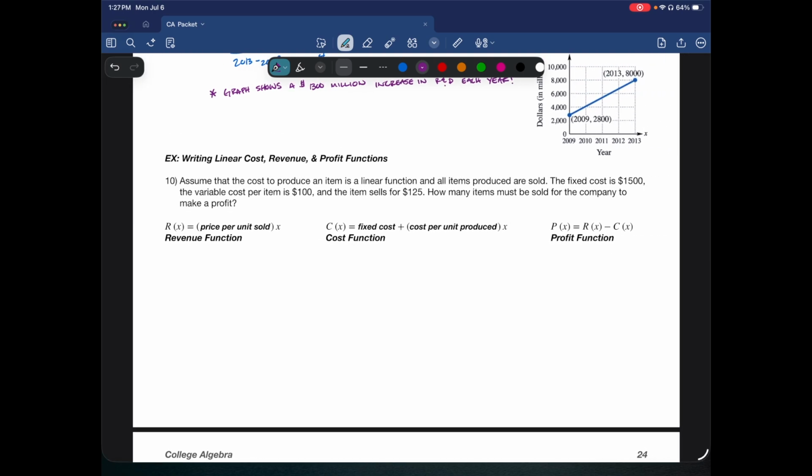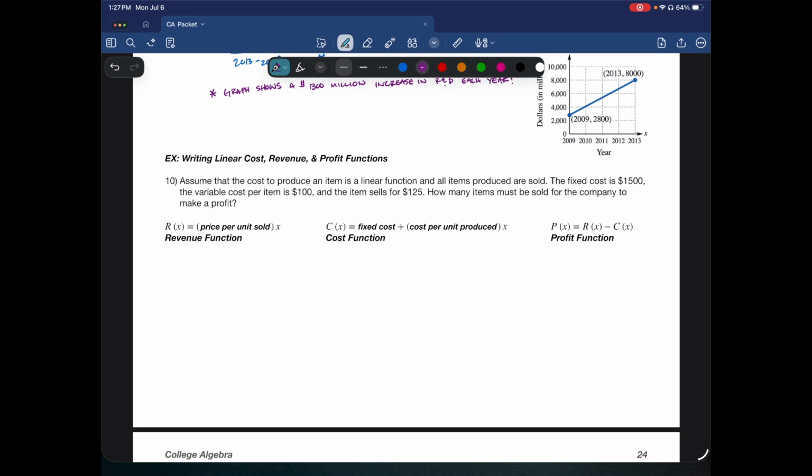So whether you're talking business calculus or anything like that, one of the more common linear functions is your cost function, revenue function, and profit function. And this is how much money you make and how much it's going to take to make a profit, and so on and so forth. Okay, so assume the cost to produce an item is a linear function and all items produced are sold.